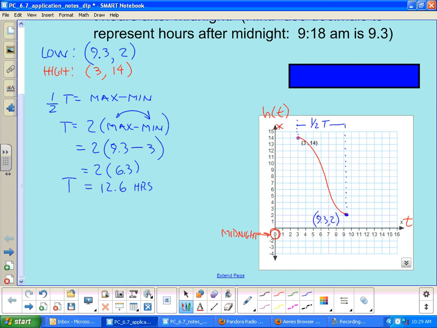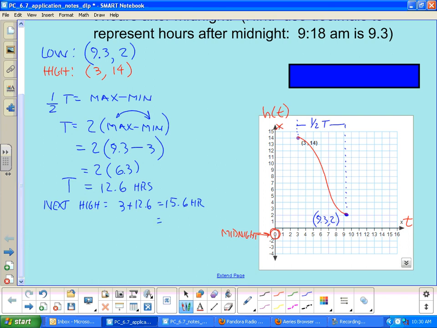So let's go plot that other point. The next high tide would equal 3 plus 12.6 or 15.6 hours, which is really 3.6 hours. Wait, is the next one? This is the next high tide.